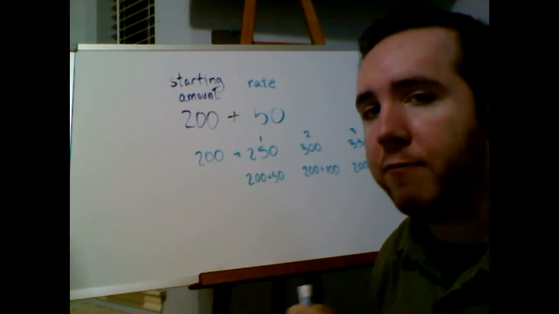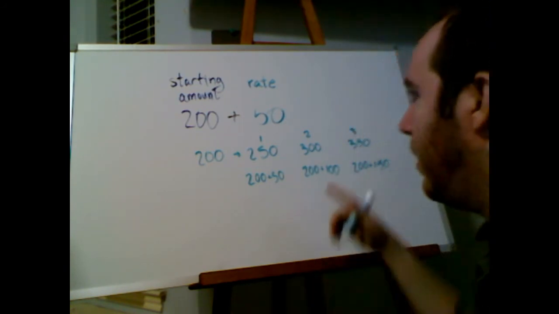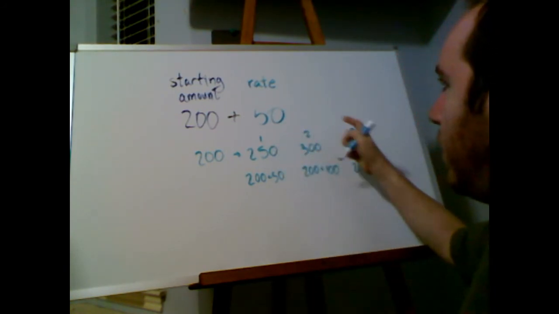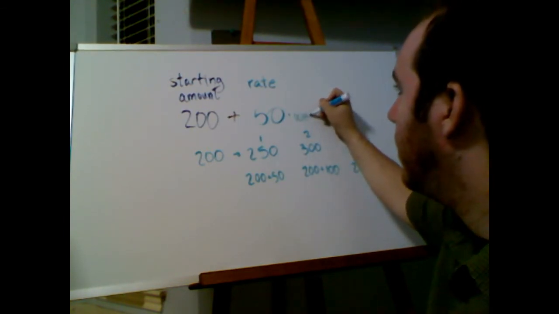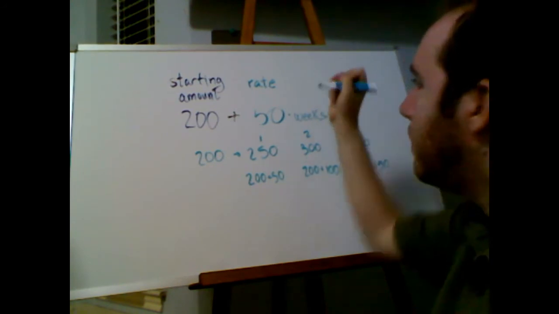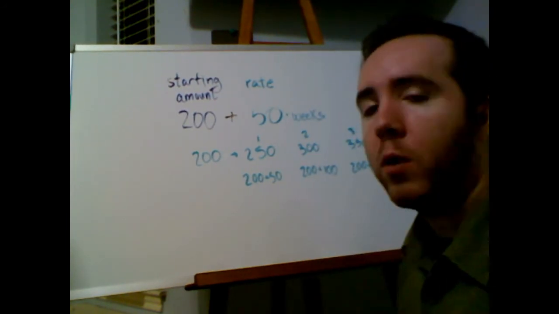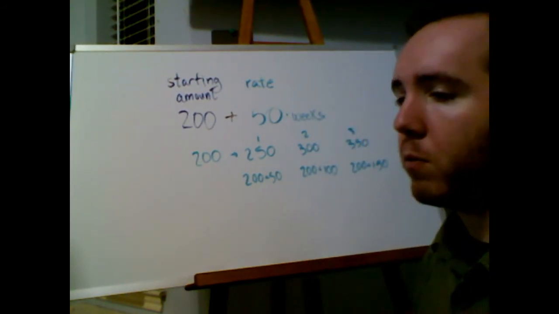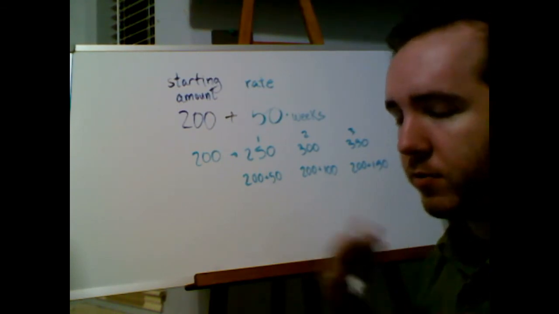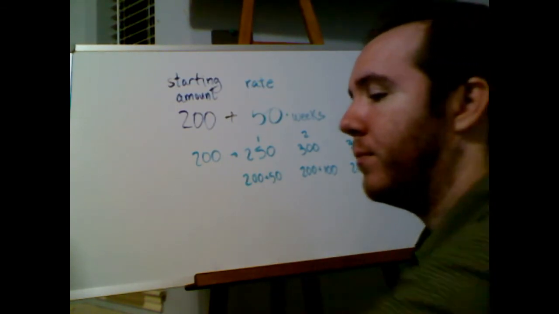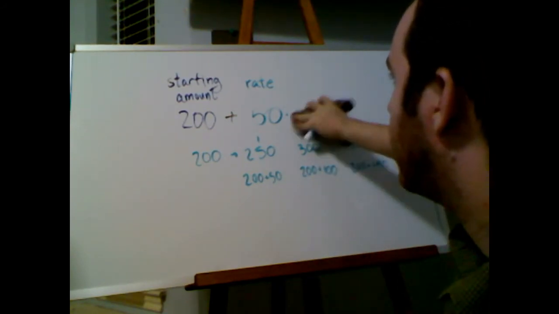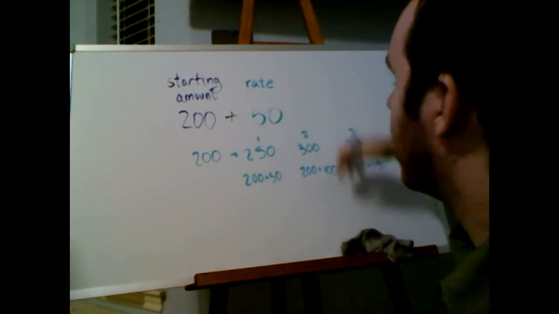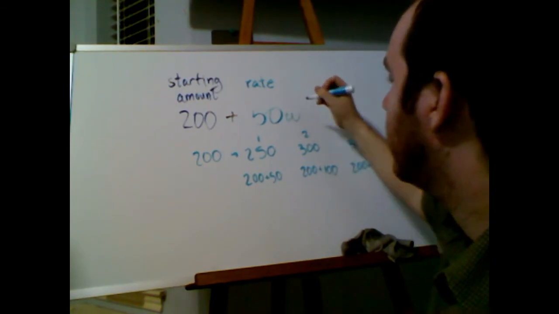We're going to be doing 50 times week 1, week 2, week 3, the number of weeks. But I don't want to write the word weeks every time I want to refer to this value, right? So instead, I'm just going to use the letter W, because it's shorter and it's easier.